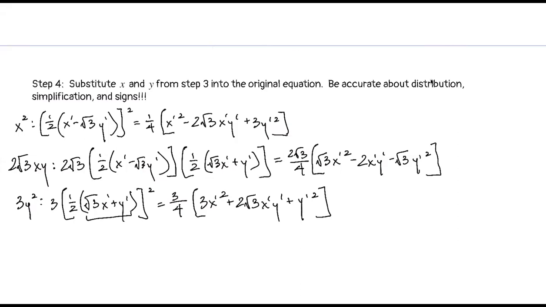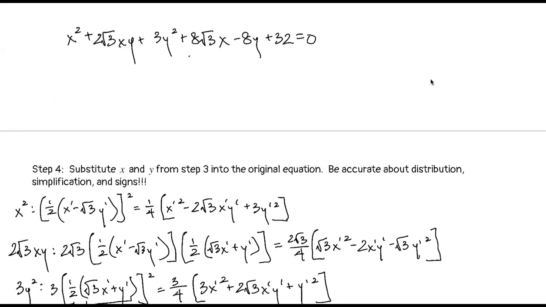Okay, so these 3 terms are probably the lengthiest terms to substitute in because you have to square things, you have to FOIL things, okay? The rest of the equation, this like 8 root 3x, negative 8y, those are actually not that bad to multiply because you're just distributing a constant from the front.